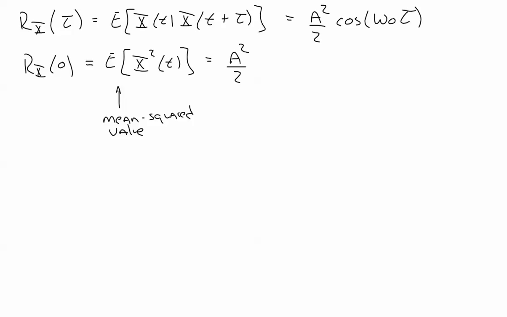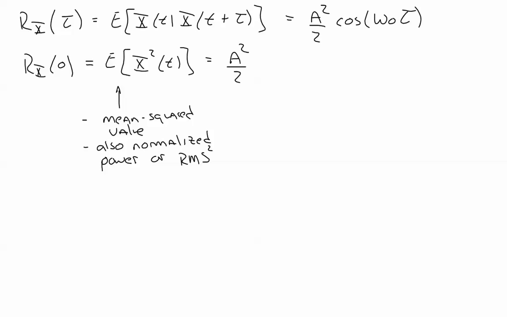When we talked about random variables early on, we saw that the mean squared value of a random variable was the normalized power, or the RMS value squared.